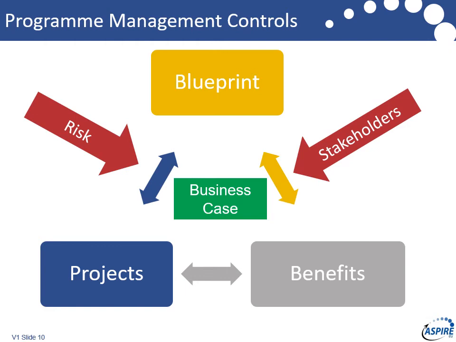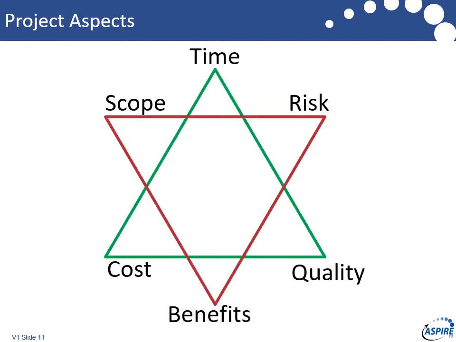That's the basis of quality, in effect. It replaces quality at this level. So if the blueprint changes, as in what the future operating model looks like, that'll affect the benefits, and it'll affect what the projects need to deliver. So we've still got an iron triangle, even at the program level. It's just bigger and probably a bit more difficult to see. But if you're at a program level, that's where you should be looking.